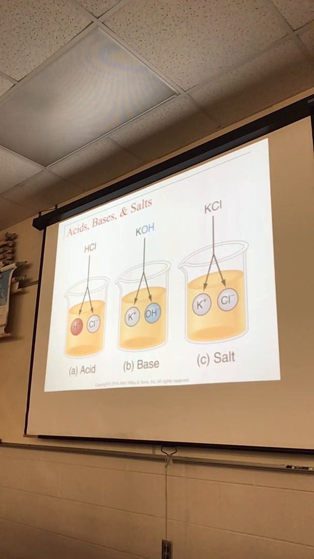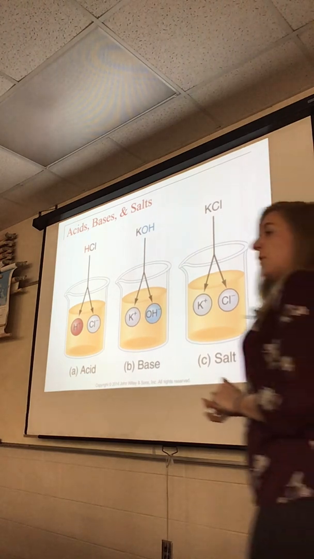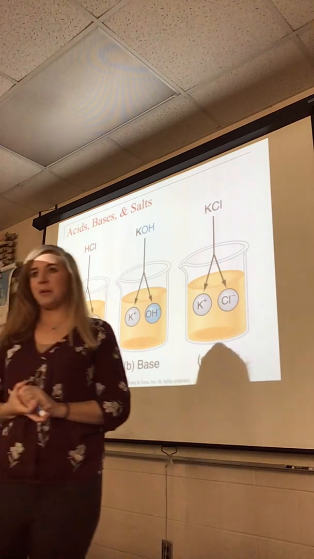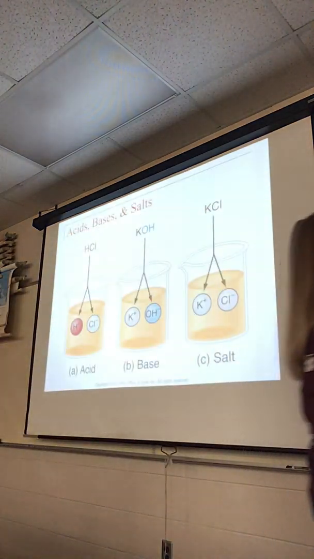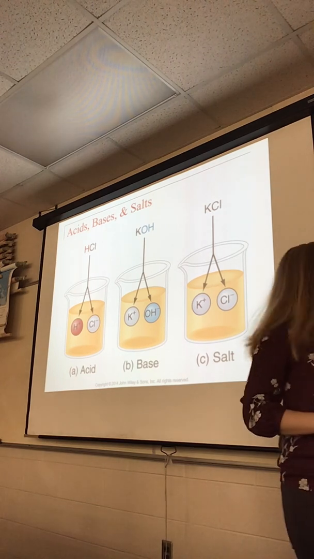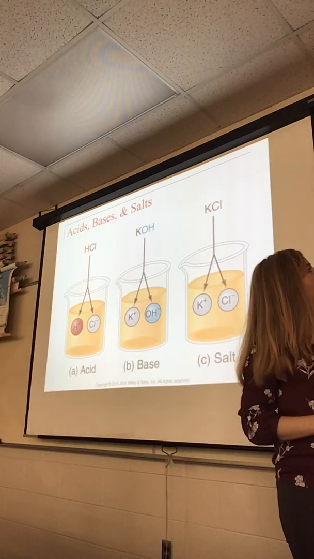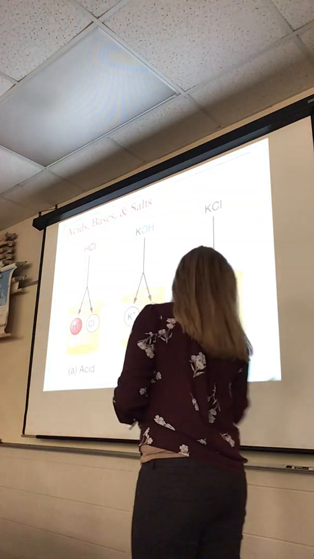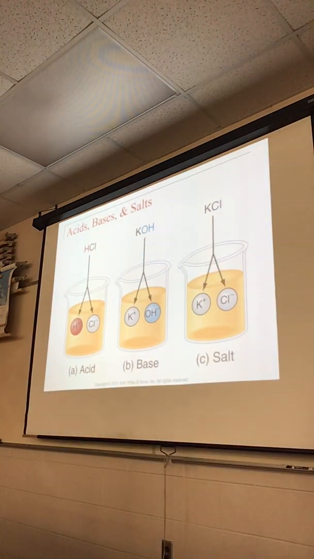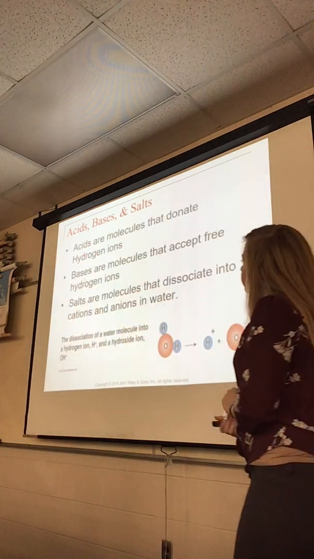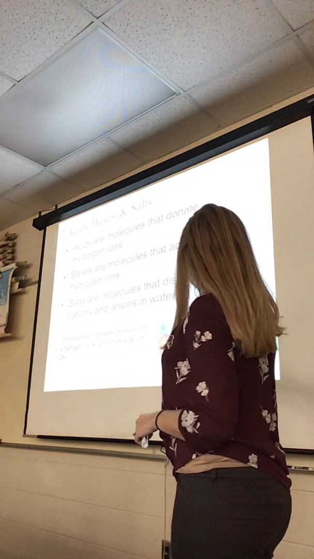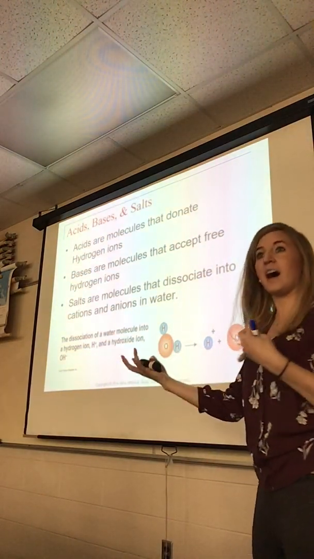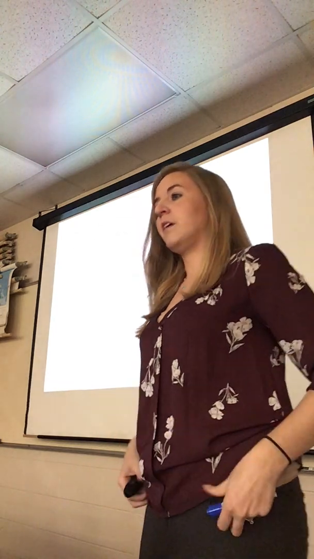So bases are going to be things kind of like bleach. People have this misconception that only acids are harmful, but that's not true. This is why bleach can be harmful. It gives off a whole lot of hydroxide ions. So bases accept free hydrogen ions, and acids give off free hydrogen ions. Okay? So I have that listed here. Notice again, it's just basically the dissociation of a water molecule. That's where you get hydroxide and free hydrogen ions.